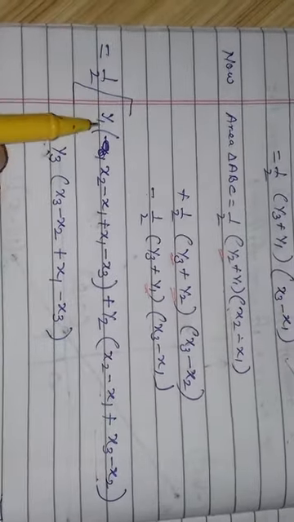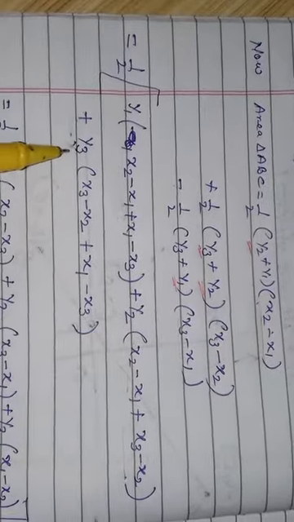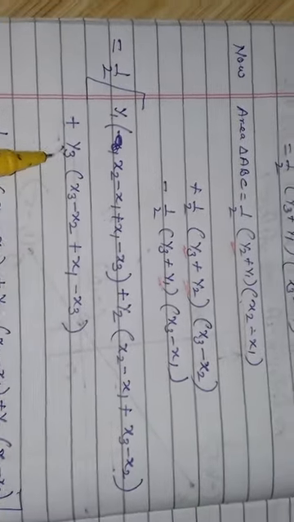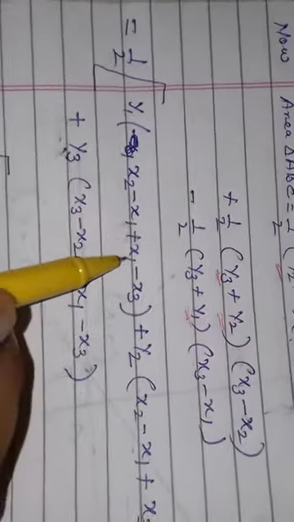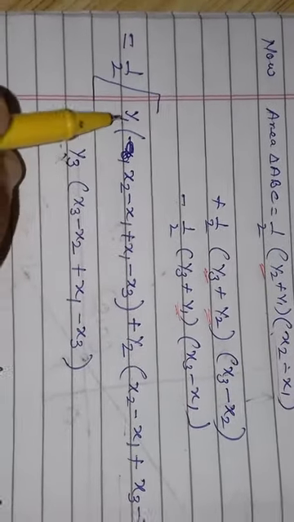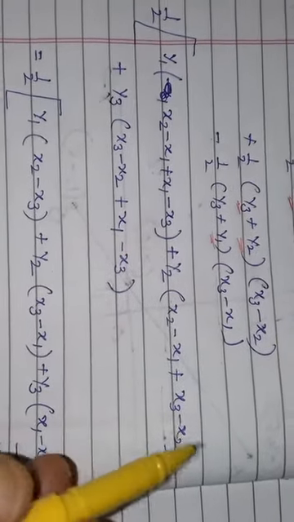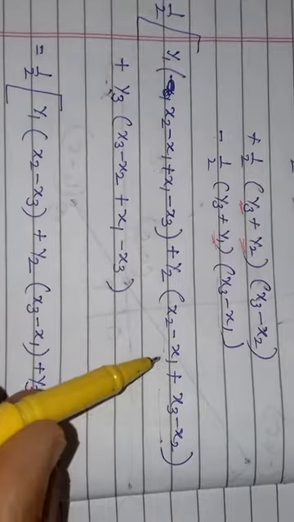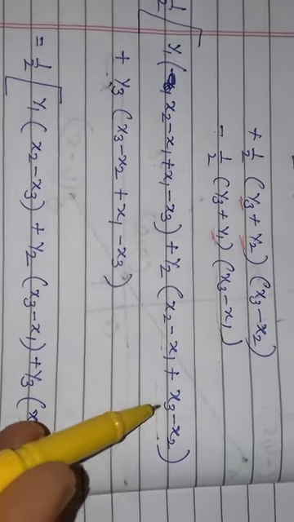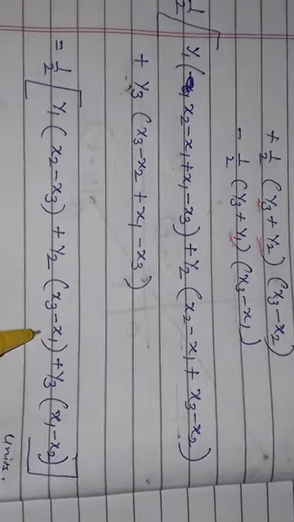So you have found the coefficients of y1, y2 and y3. Now see here, x1 and x1 will be cancelled, so the coefficient of y1 is x2 minus x3. For y2, x2 will be cancelled, so it is x3 minus x1.